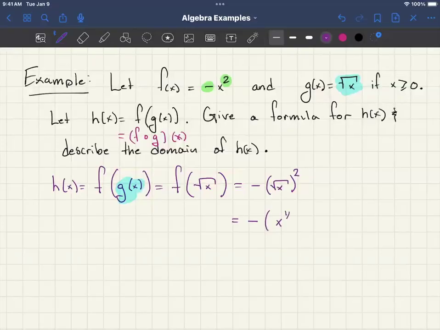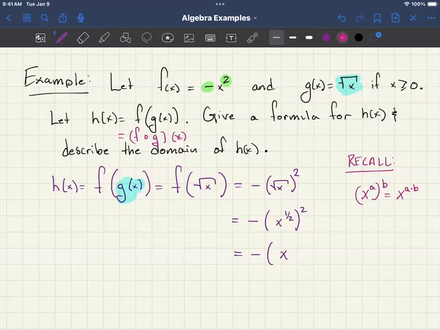Here's another way to see it if you haven't seen it in a while. We can write the square root of x as x to the 1/2 power. Now, recall one of our algebra rules: when we have x to the a to the b, it is x to the a times b.